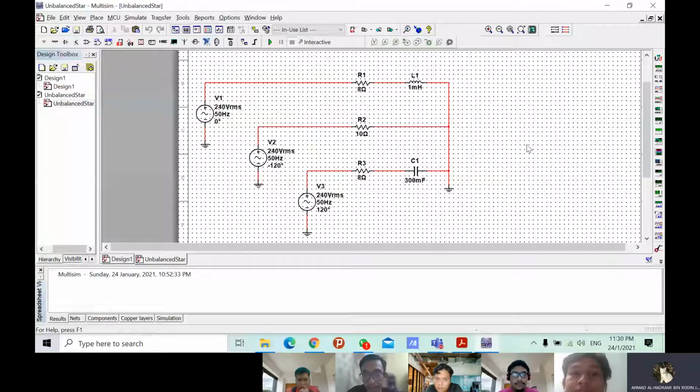So the voltage supply must be connected to the ground for the negative part. Clear. So we go through the simulation from Akmal.